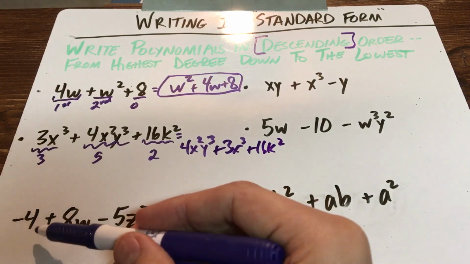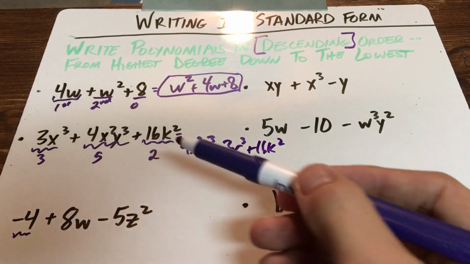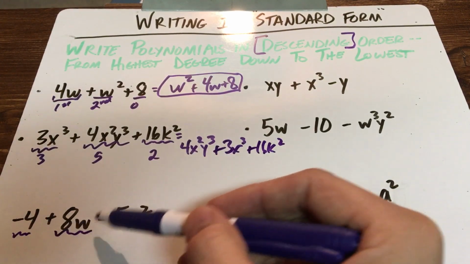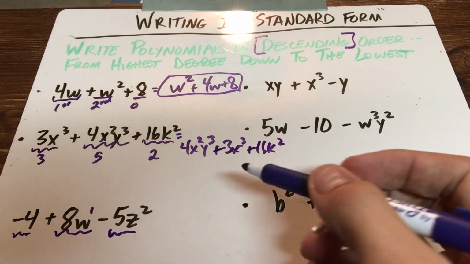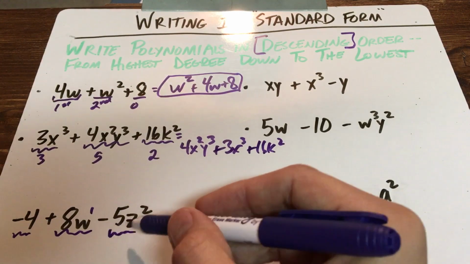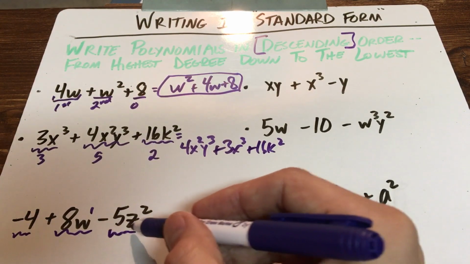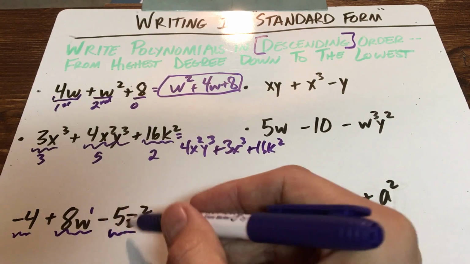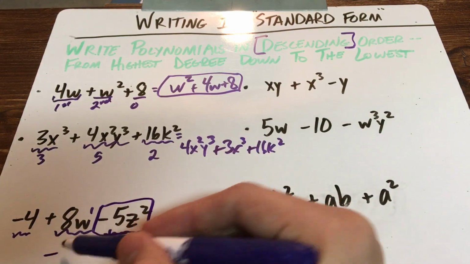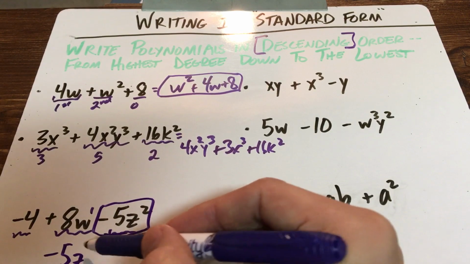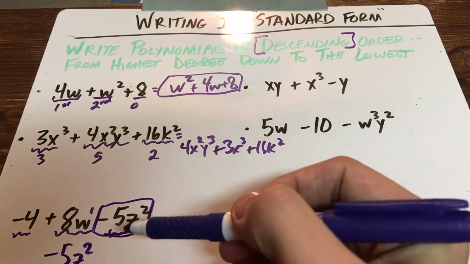The last one on this left-hand side, the -4 is to the 0 degree because there's no variable. This is to the 1st degree because the w is to the 1st power. This is to the 2nd degree, right, because the z is squared. So this needs to go first. Now don't forget, it's really easy: whatever symbol is in front of it, like here, the minus sign in front of it, is part of that term. So this should be -5z squared.